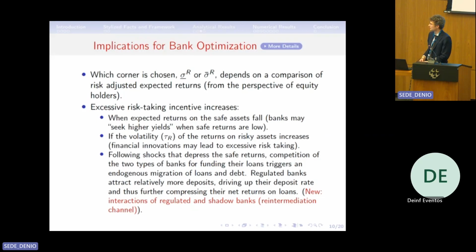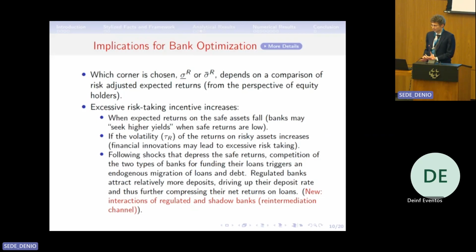So the idea is that equity returns of regulated banks are relatively less affected, or fall less, compared to shadow banks, because regulated banks are less leveraged.